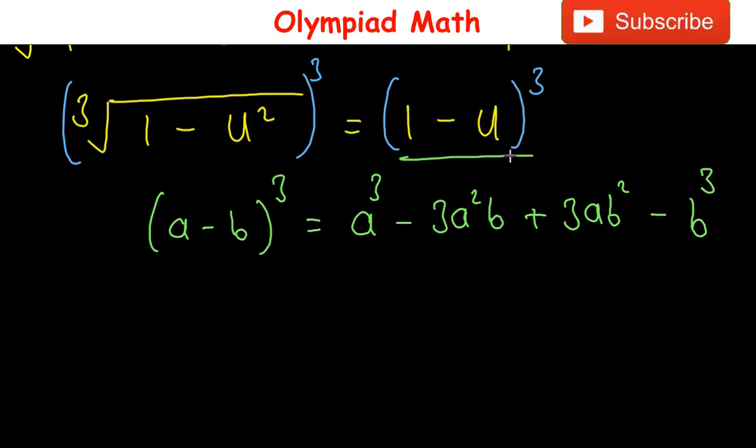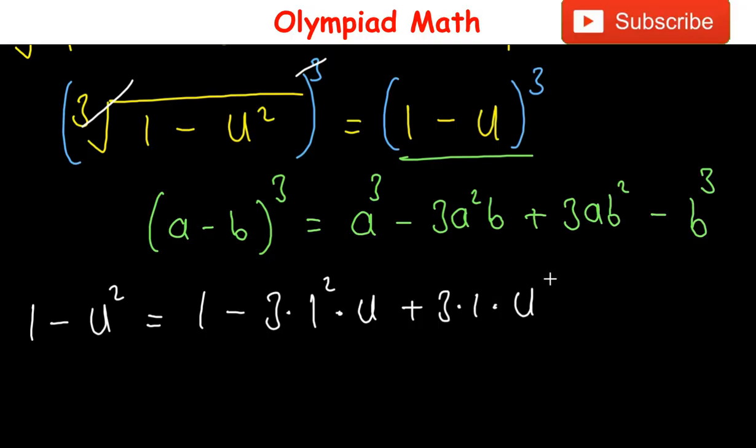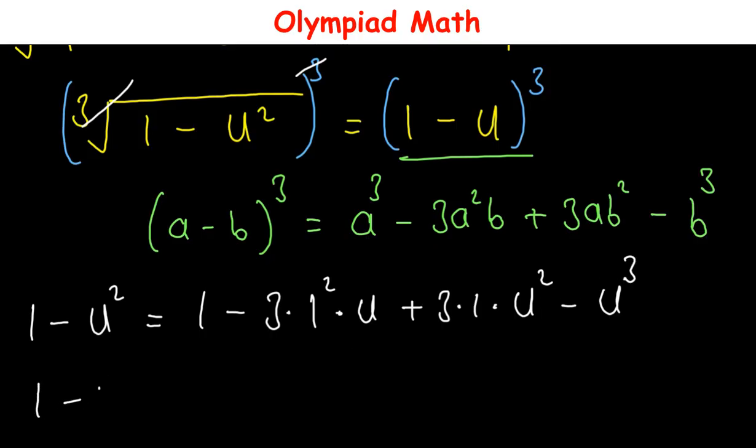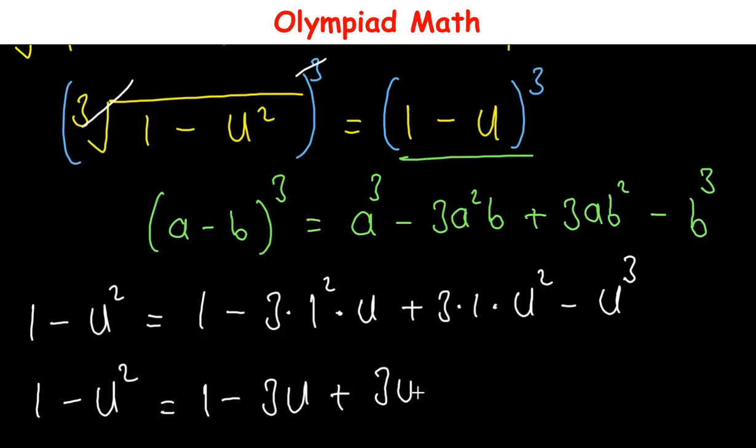Applying this rule to this, and meanwhile the cube will cancel the cube root, so we are left with 1 minus u squared is equal to, following this identity, 1 minus 3 times 1 squared times u, plus 3 times 1 times u squared, minus u raised to power 3. So 1 minus u squared is equal to 1 minus 3u, plus 3 times 1 times u squared, which becomes 3u squared, minus u raised to power 3.